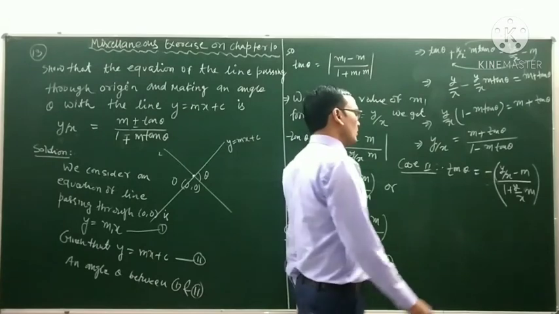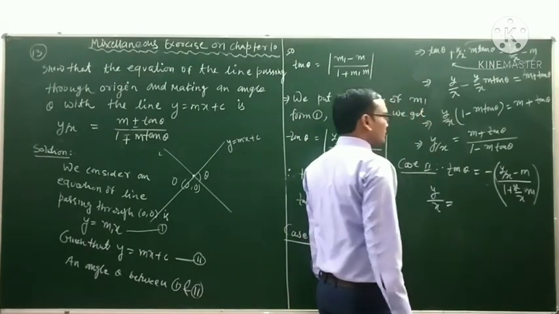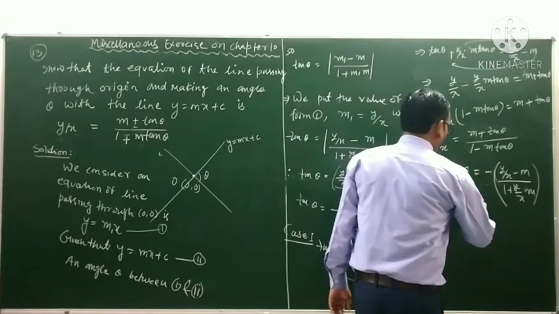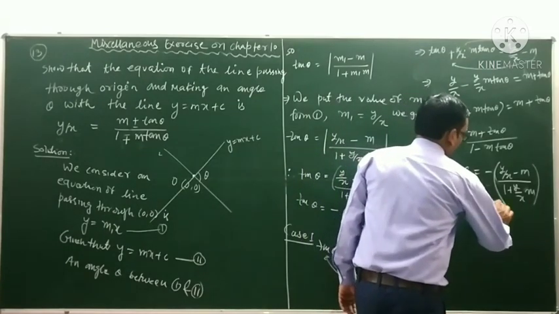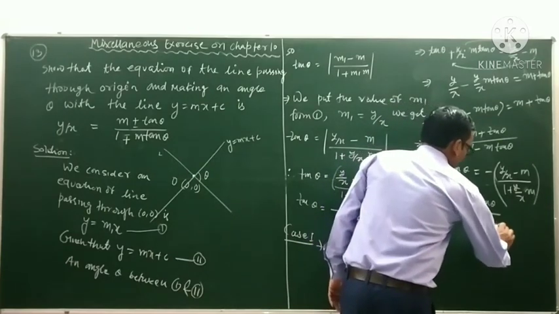We find the value of y upon x is equal to m minus tan theta upon 1 plus m tan theta.